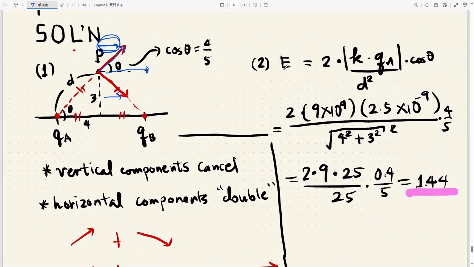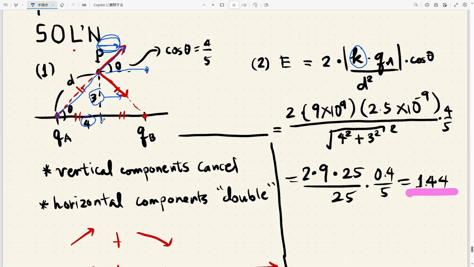But the red arrow, we can get that from the definition of electric field, and that's K, the constant that was mentioned earlier, 9 times 10 to the 9th, times the charge, okay? So QA, you get the absolute value of that, you divide it by the square of the distance from QA to that point. So that distance, we already know that this vertical distance is 3, horizontal distance is 4, okay?